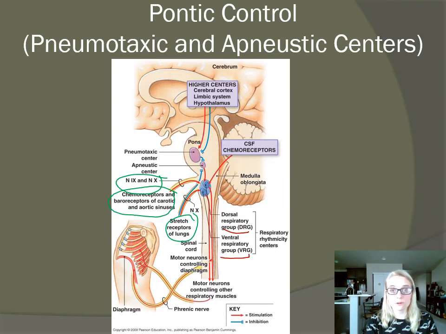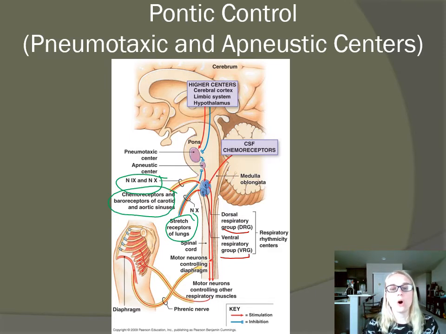You don't want to overinflate your lungs because you could cause physical trauma. You could damage your lung tissue. So if they reach a certain point, they're going to start sending some inhibitory signals to the apneustic, here. And if we inhibit the apneustic, then we inhibit the DRG, and we would start an exhalation cycle there.